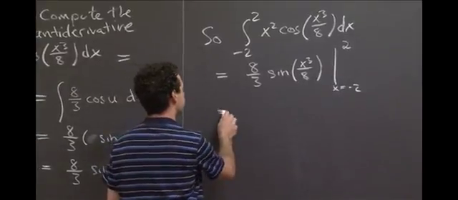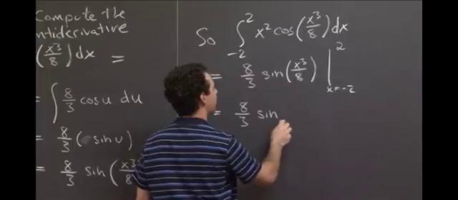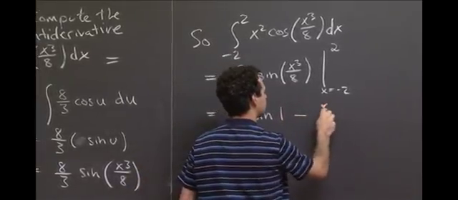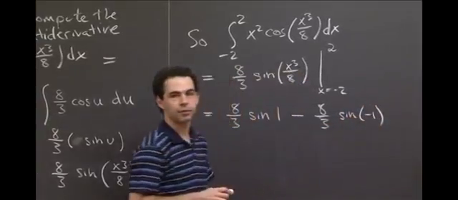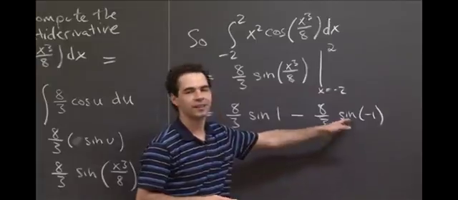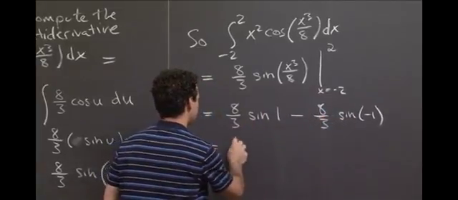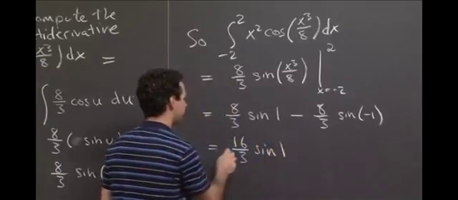So this is equal to 8/3 times sine of 1 minus 8/3 times sine of -1. OK, and sine of minus x is equal to minus sine x. So we could rewrite this as 16/3 times sine of 1.